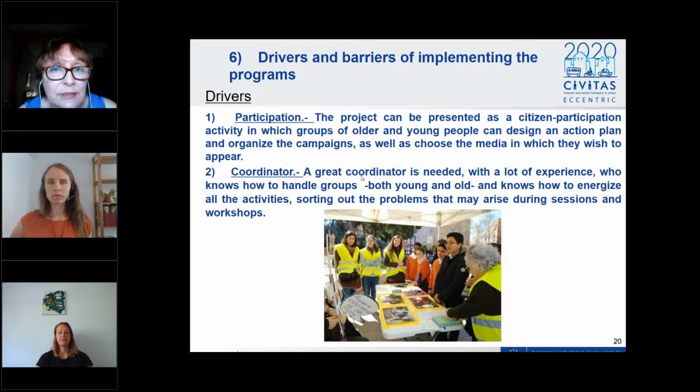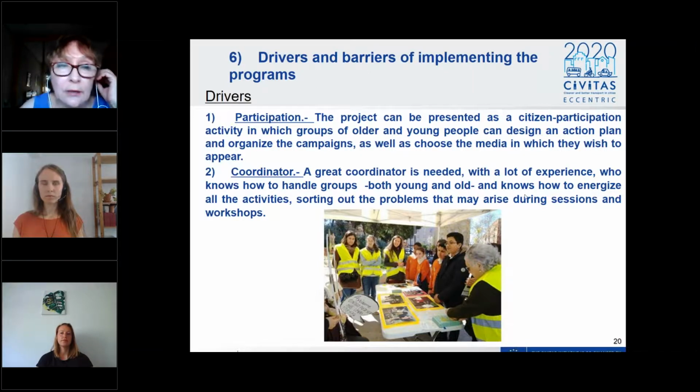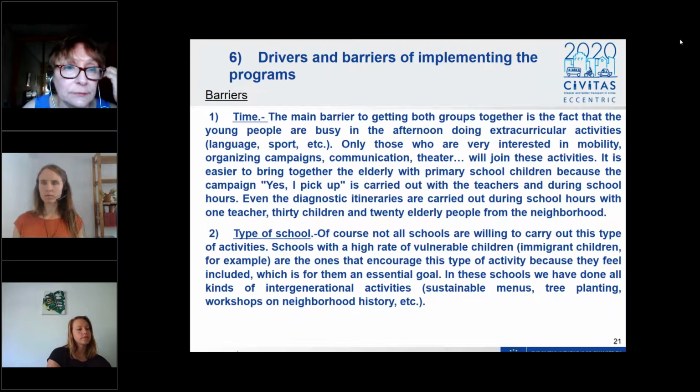And the important thing is to have a great coordinator with a lot of experience with both groups, young and old, and a coordinator who knows how to energize the activities and sort out the problems that may arise during sessions and workshops.